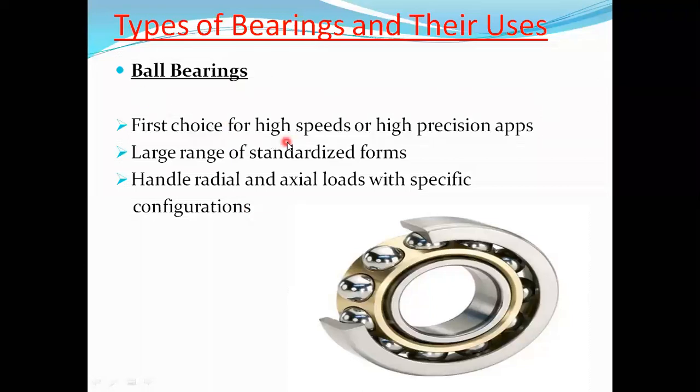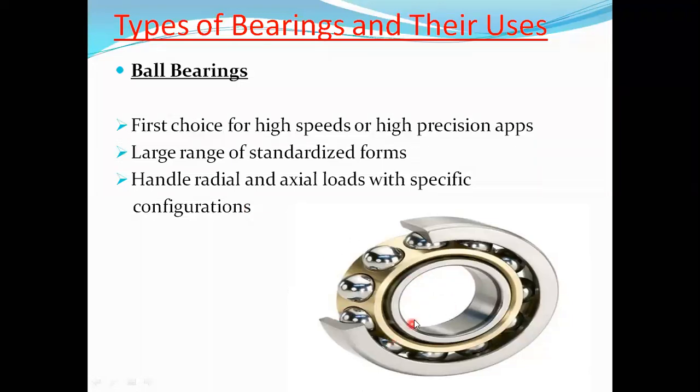So the first type of bearing is the ball bearing. Whatever figure you can see is a ball bearing. This type of bearing you have seen in bicycles. Inside, the shaft is placed, and the shaft is the rotating object, and the bearing is the stationary object. The portion you are seeing, we will call a journal.